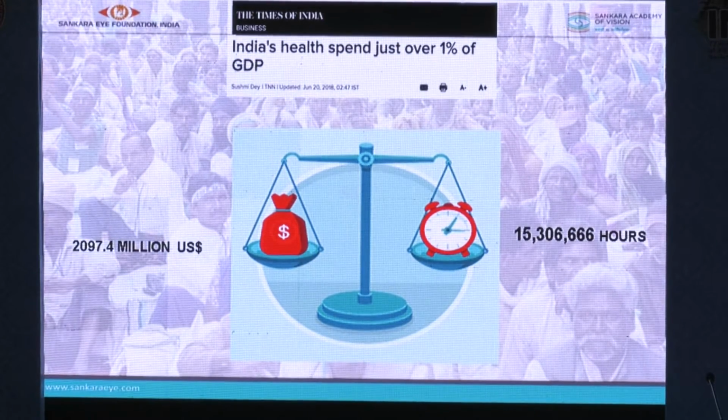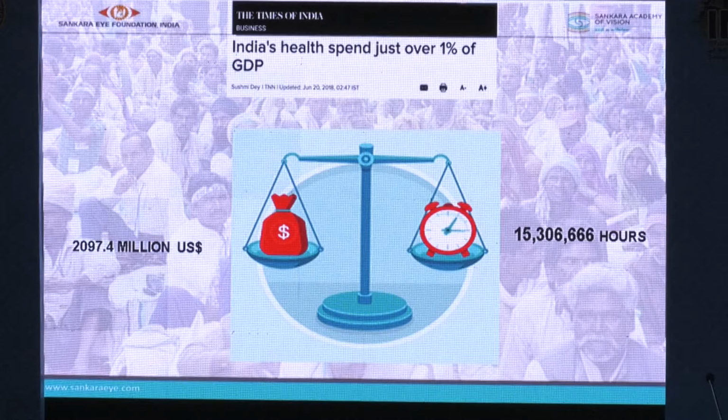In a country like ours, where India is spending just over 1% of its GDP on health expenditure, an effective screening tool like AI, which can reach even peripheral centers, can help us save a massive expenditure of more than $2,000 million and more than 15 million hours of VR specialist time spent on diabetic retinopathy screening.